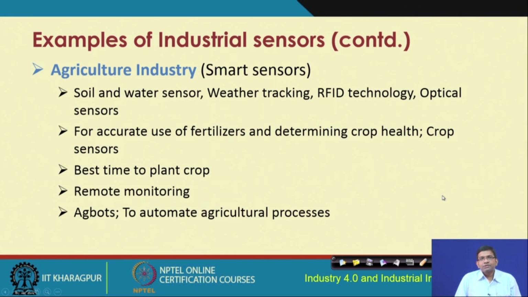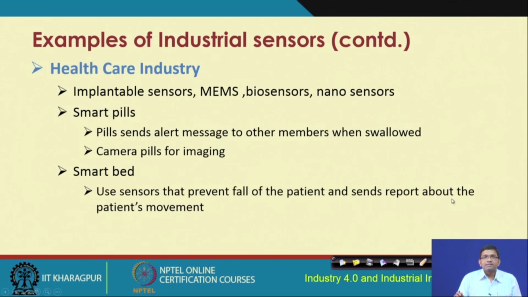In the agricultural industries, smart sensors can be used for monitoring the soil condition, water condition in the soil, soil moisture, water level in the soil, different weather parameters, then other parameters such as the fertilizer content, the nutrition content of the soil to be used by the plants and so on. So, this is the agricultural use of smart sensors.